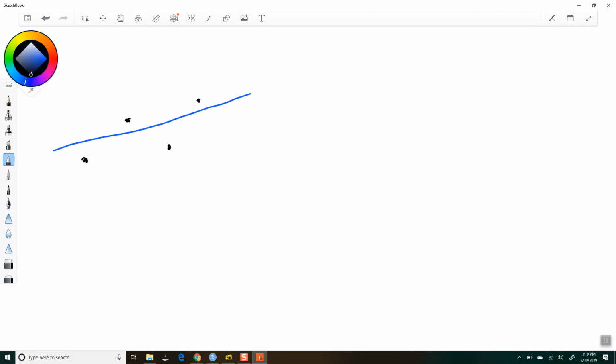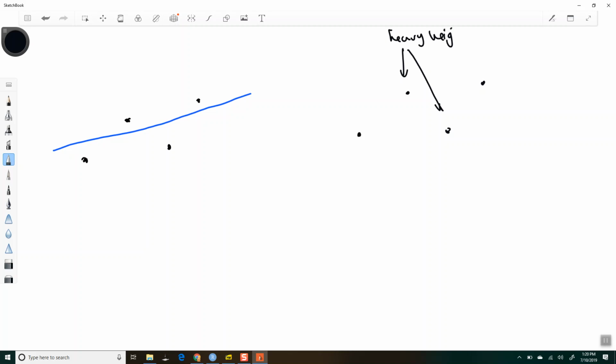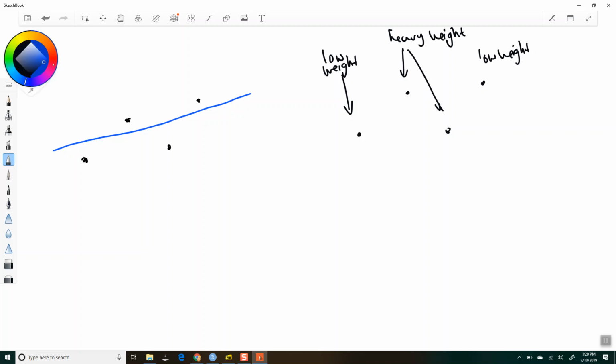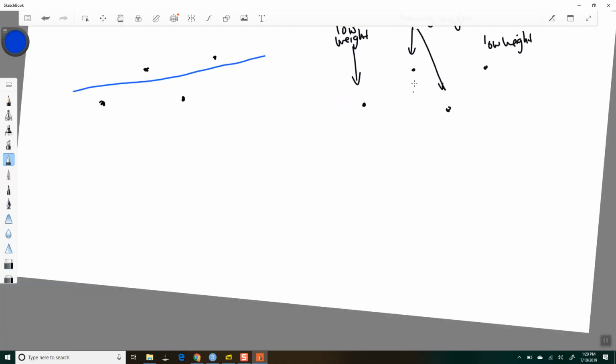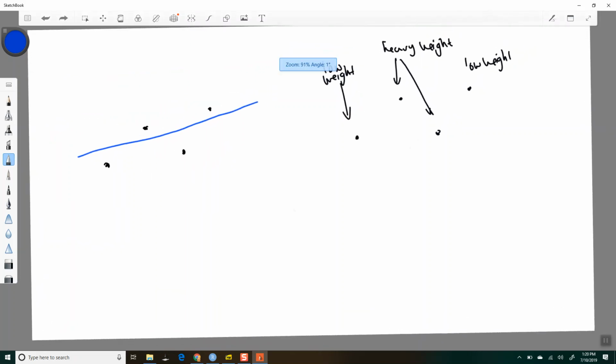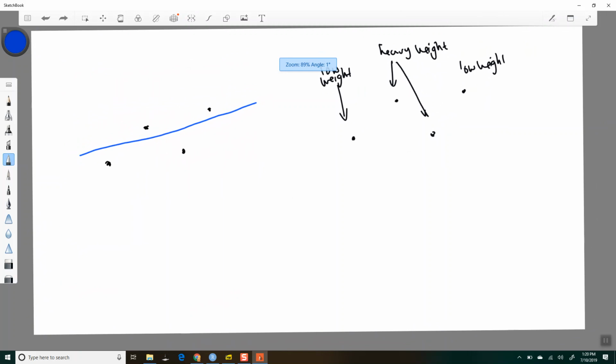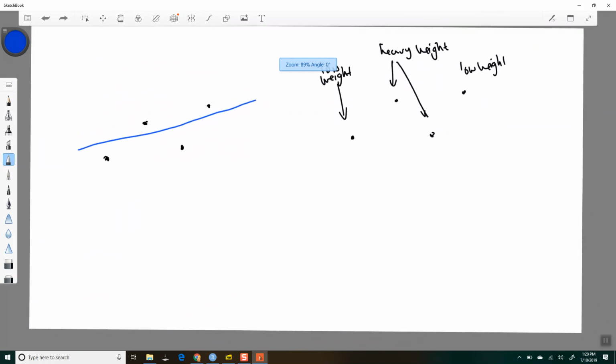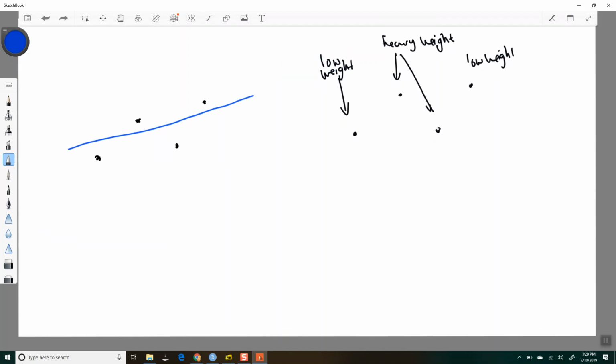Now, with weighted least squares regression, if you apply heavy weights here, and low weight and low weight, the regression line is going to basically try to minimize the residuals through these points, and it's going to say it's okay if I have a big residual over here.